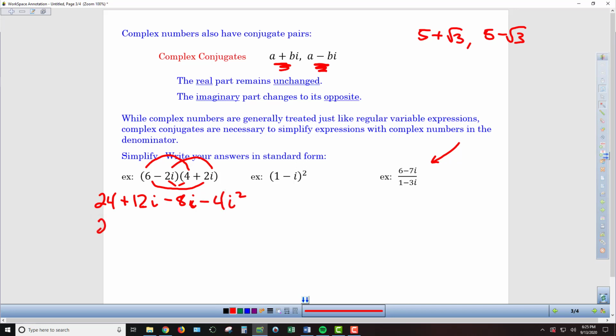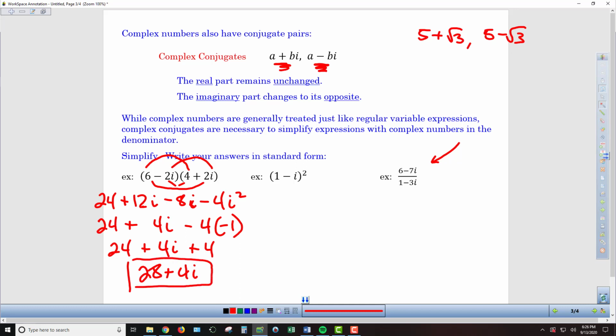So I've got 24 plus, I've got my like terms in the middle here, 12i minus 8i is 4i. And then again, this i squared is going to turn into -1, so it's going to be minus 4 times -1. So that's going to become plus 4, so 24 plus 4i plus 4, and so then we get a final result of 28 plus 4i.